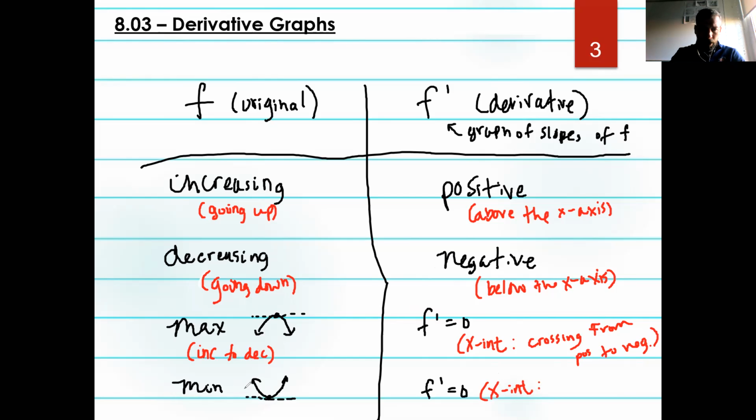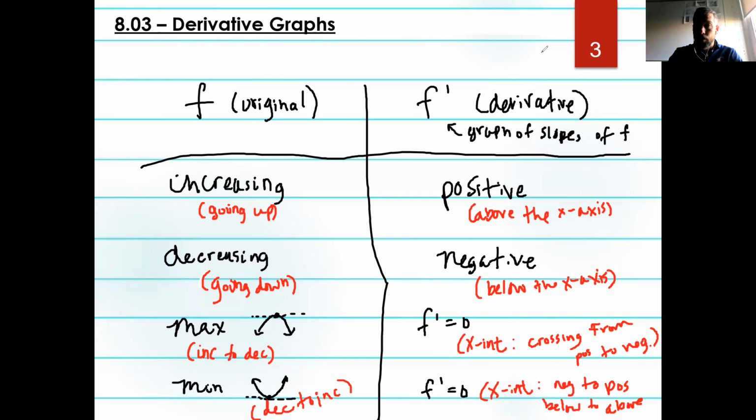But what's different for a minimum is that it changes from decreasing to increasing, which is an important distinction because we're going from negatives to positives on our f prime graph, right? If we're going from negatives to positives, we're going from below to above. These are those distinctions that we want to make.